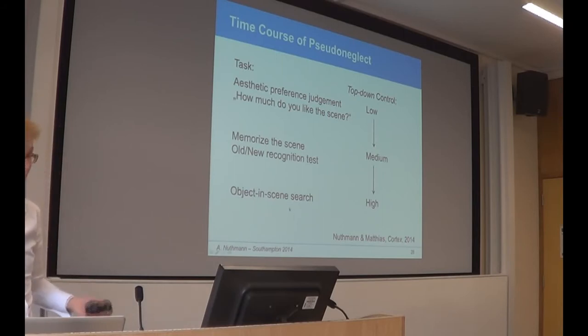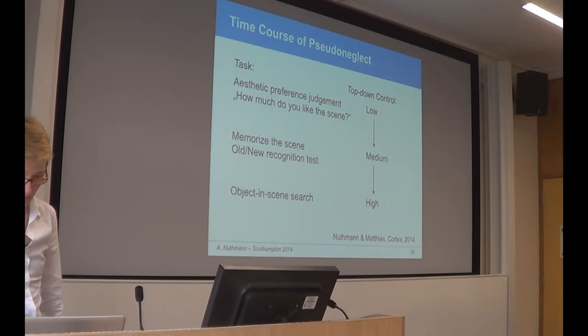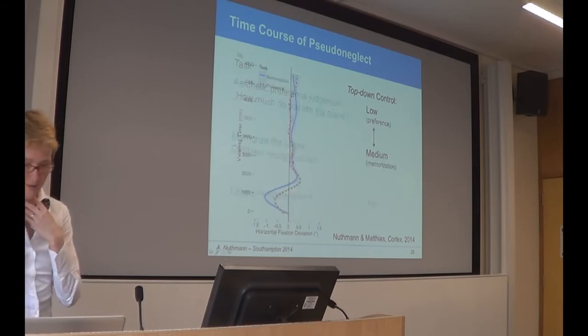The other extreme is the scene search task, where I, as experimenter, tell you exactly what to do, to search for an object, and that's very much top-down control. The memorization task is somewhere in between: subjects have to memorize the scene for a subsequent memory test.